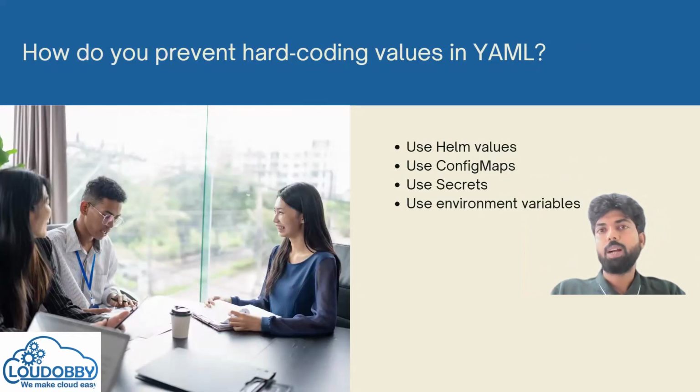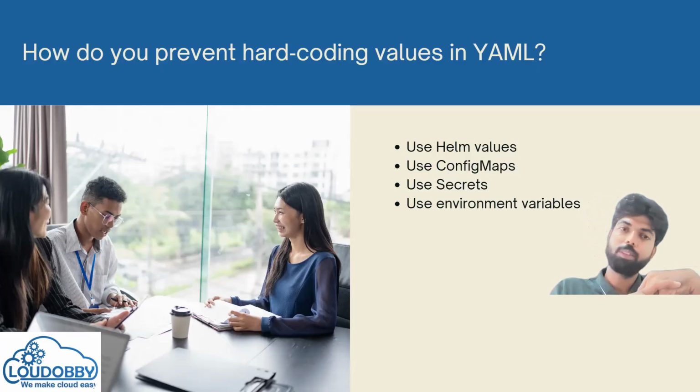How do you prevent hard coding in YAML? Actually, hard coding values will not be encouraged, right? So first thing is to use environment variable files, .env files. Use secrets, Kubernetes secrets. Use Helm value files, which we have discussed. Use config maps.